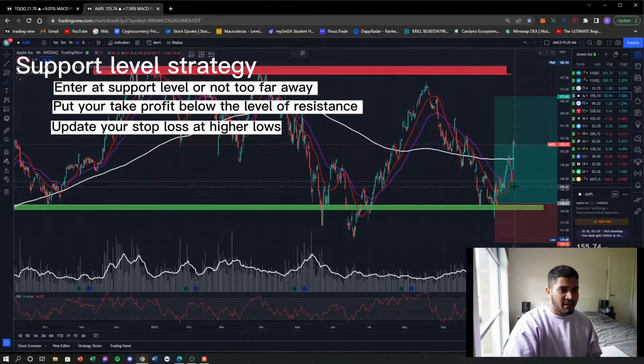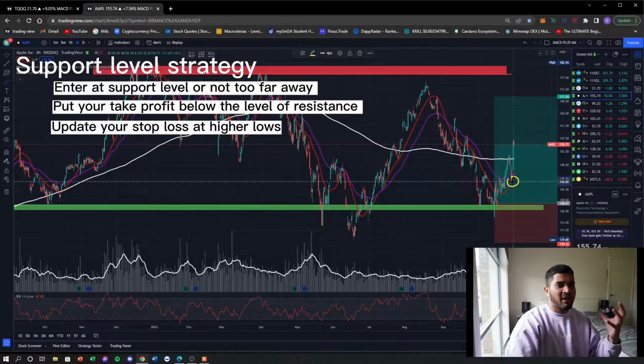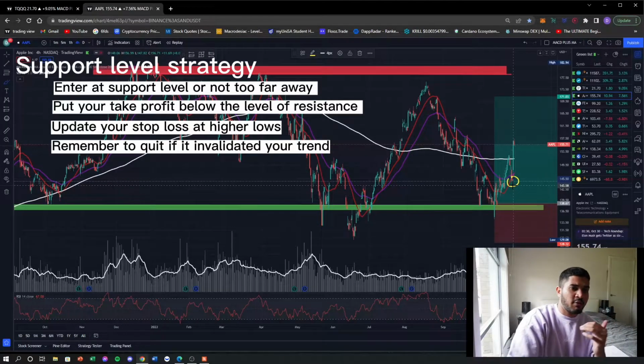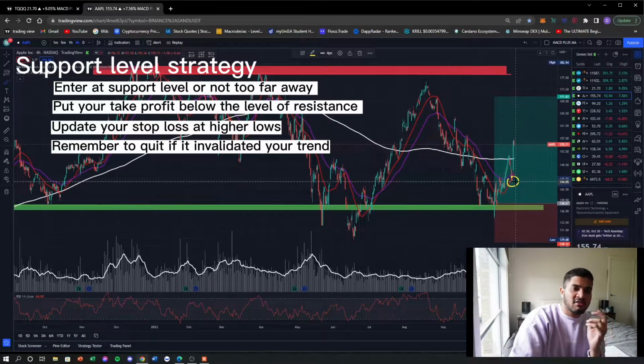I would put my stop loss somewhere around here because we have made a higher low. Our first low was here, we've made a higher low, and that's where we can basically quit our trade, because if it does make a lower low compared to this point, it would invalidate our trend and we would be taking a loss. So be safe, take your profits, and also update your stop losses.